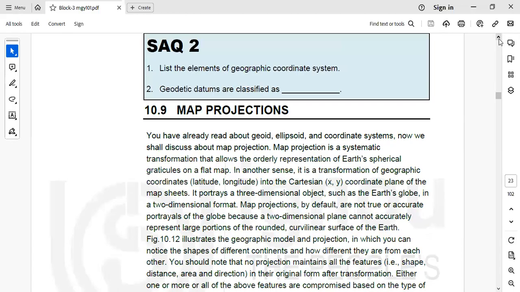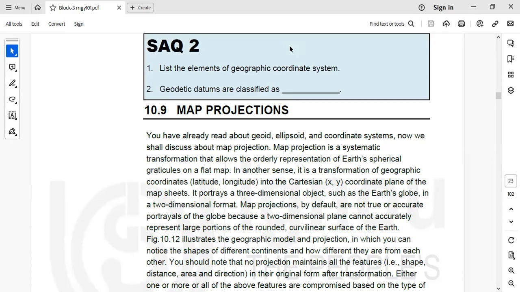So map projections are very important for us to represent a particular surface of the globe or Earth on a piece of paper or a plane surface. For understanding map projection, it is very important to have knowledge of the geoid, ellipsoid, and coordinate system.